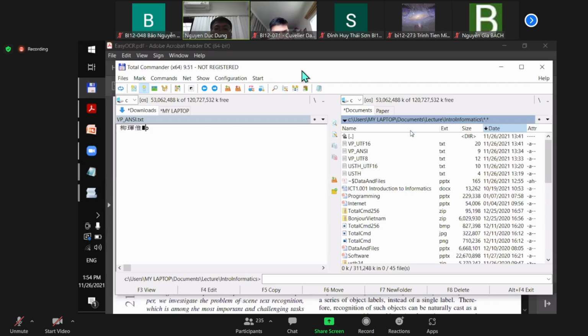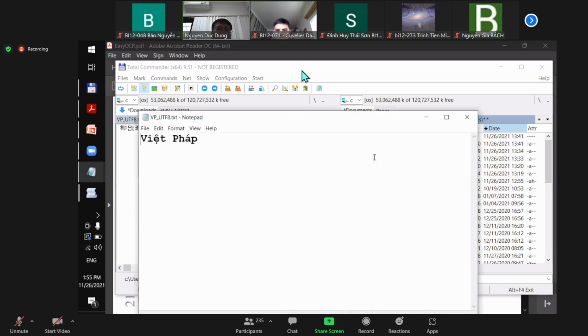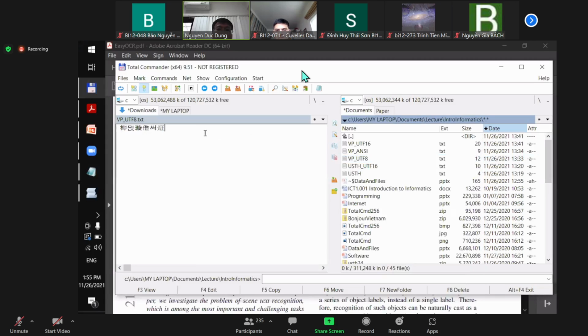So UTF-8, for example, sometimes does not display the content correctly. The content is here, but another program may not display it correctly. For English characters, in this case, it is also the same.